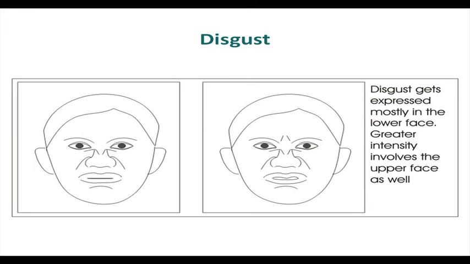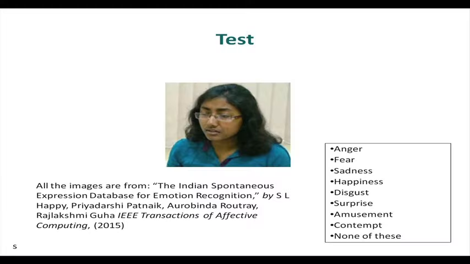Disgust is again an emotion which is difficult to differentiate between genuine and false, or I would say it is easy to emulate, and again there are definitely certain ways of finding out whether it is genuine or not, based on the timing that you have.